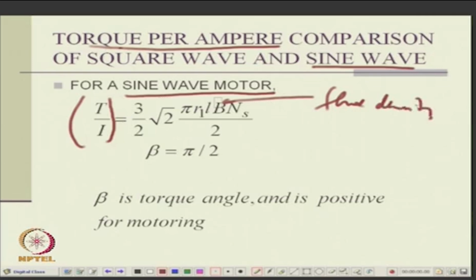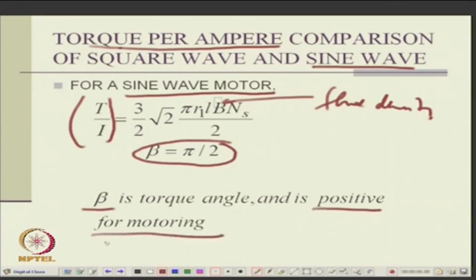For a given flux density, this is the factor, and for a maximum beta of pi by 2, the torque angle is pi by 2, this is 3 by 2 root 2 pi R1 L B Ns by 2. Ns is the number of conductors, number of turns. Okay. So this torque angle is positive for motoring, which is taken as this one. So this is for the sine wave motor, this is the torque per ampere.